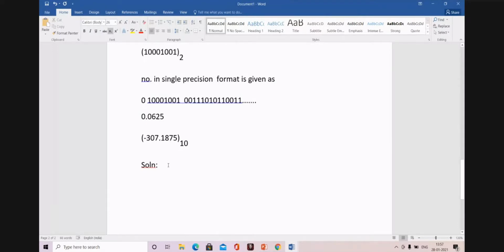Once you convert it, you will get the answer as 100110011 plus 0.0011.